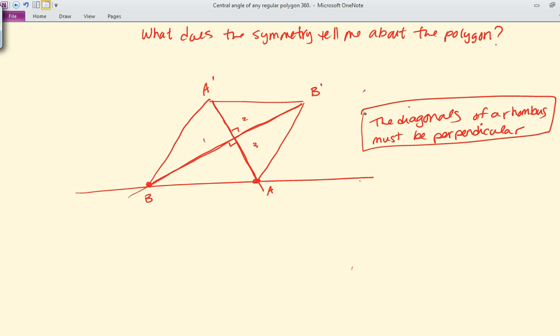The diagonals will always be perpendicular, and that's true even when the rhombus is a square. Sometimes you're asked to prove that by finding the slopes of diagonals and showing that those slopes must be perpendicular because they're opposite reciprocals. Sometimes you're asked to show that by reflection.